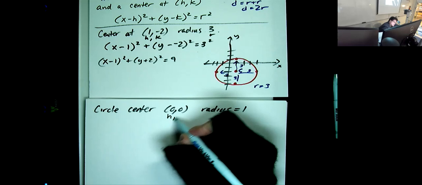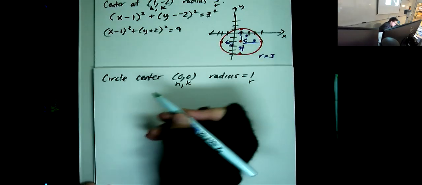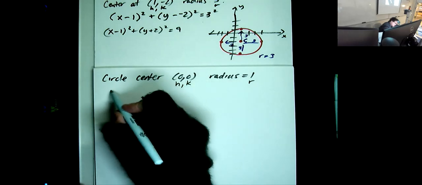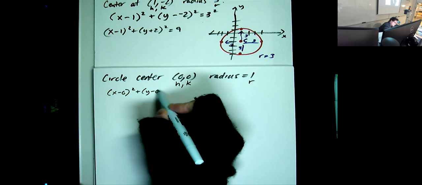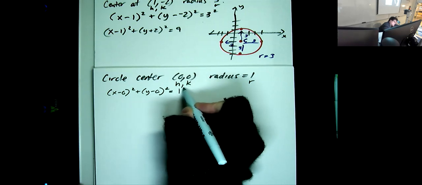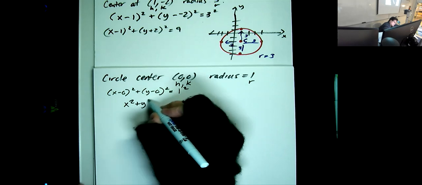So that's my h and that's my k and that's my r. So I have (x minus 0) squared plus (y minus 0) squared equals 1 squared, or x squared plus y squared equals 1.